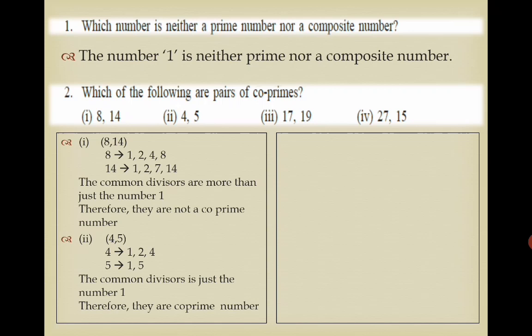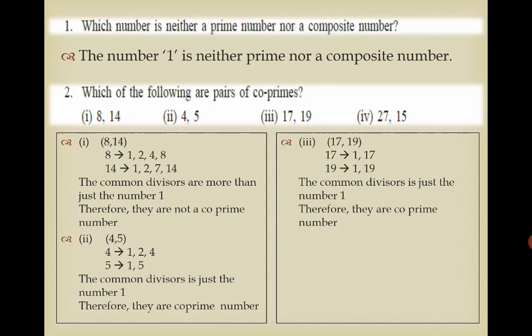Second example, 4 and 5. The divisors of 4 are 1, 2 and 4. And the divisors of 5 are 1 and 5. Here, very easy. The common divisor is just 1. Therefore, we will say they are coprime numbers.